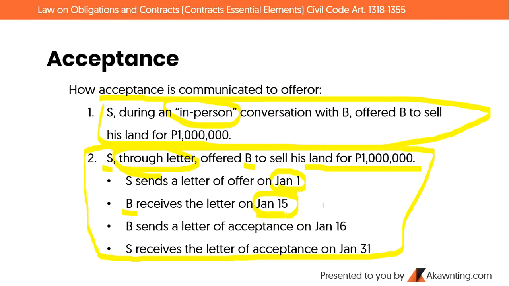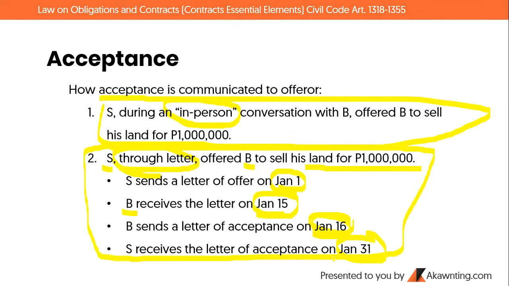So, one day after, January 16, gusto nang bilihin ni B, so in-accept niya, pero at that moment, hindi pa nagkaroon ng consent. Bakit? Inuulit ko, kailangan mapunta sa knowledge ng offerer na na-accept na yung kanyang offer. Okay? So, January 16, pinadala niya yung sulat, pero dumating lang ulit January 31.